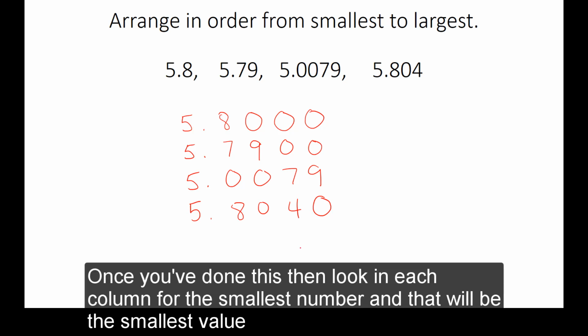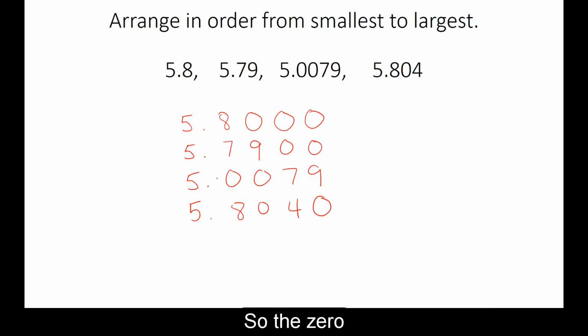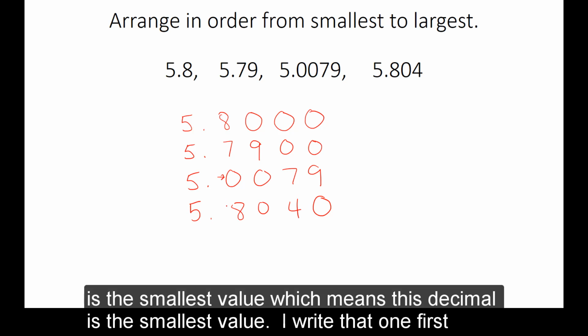Okay, once you've done this, then you're basically going to look in each column for the smallest number, and that will be the smallest value. So all are 5, so it can't determine here, so I go to the next column. I have an 8, a 7, a 0, and an 8. Well, the 0 is the smallest value. That means that this decimal here is the smallest value given.